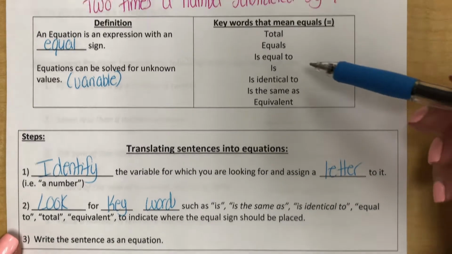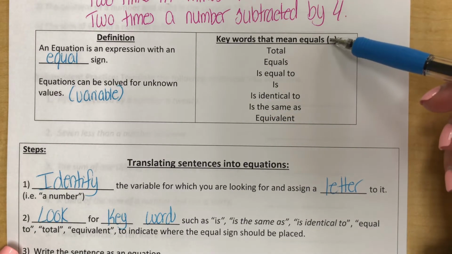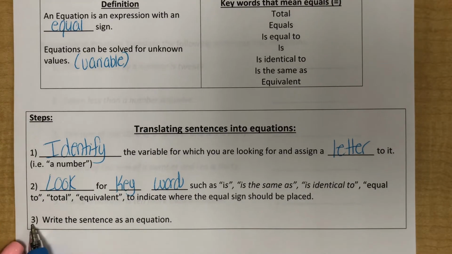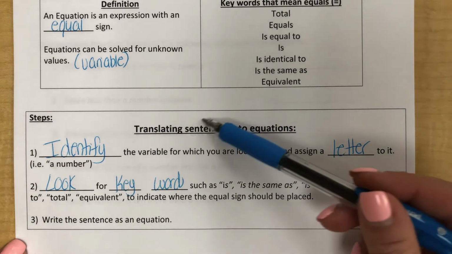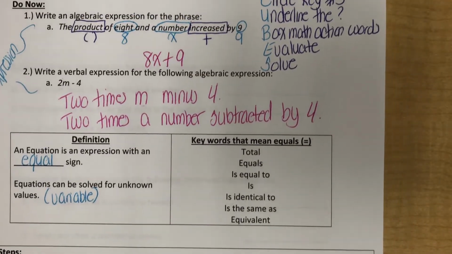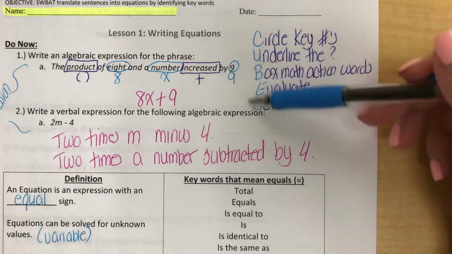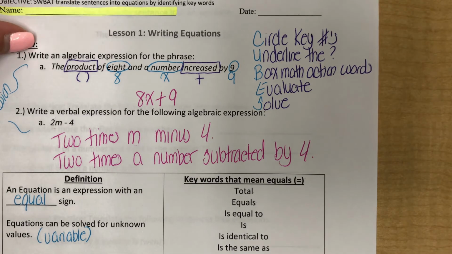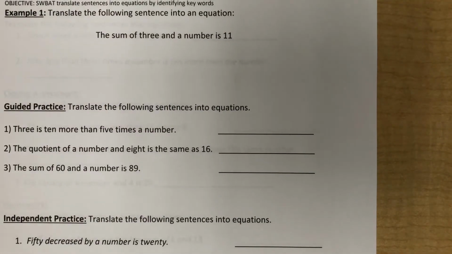So we just went over that all of these words represent equals. So again, these are some key words that we're going to be looking for in today's notes. And then last but not least, step 3, we want to write the sentence as an equation. So everything that we just went over down here in our notes is really us just cubing the question. All right, let's go to the next page so we can jump on in here.